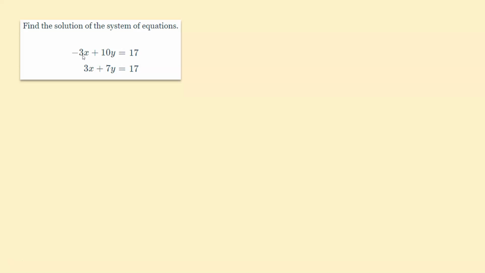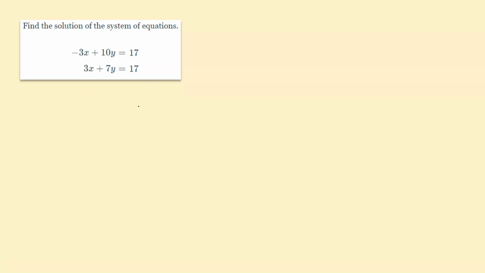Like for this one, for example, we have negative 3x and positive 3x. So those would be the easiest to eliminate. We don't have to do anything to eliminate those. We can just go ahead and combine these equations. So that's what we need in order to eliminate: the same coefficient, in this case 3, and opposite signs so that we can combine them and eliminate.